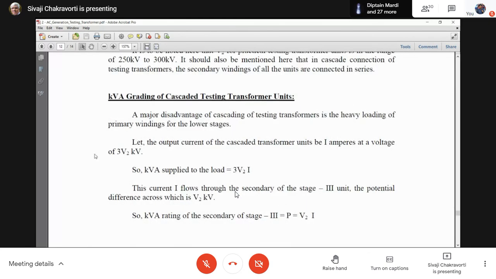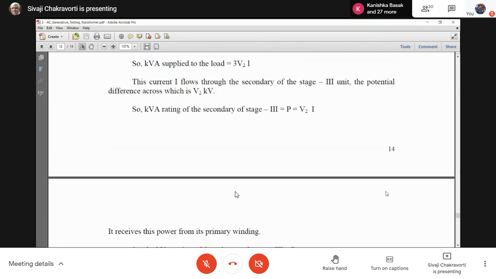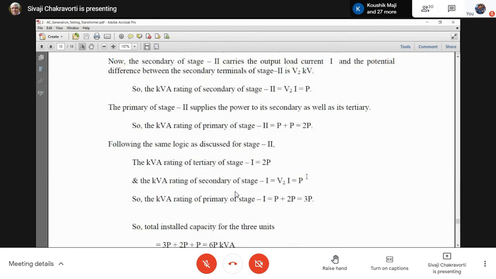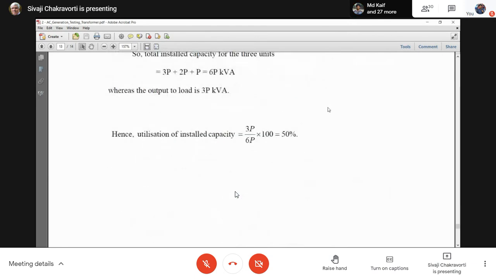So this is called the KVA grading, as you can see on your screen, KVA grading of the cascade testing transformer units, where this is exactly explained as I have told you, step by step. Installed capacity 6P, utilization 50%, that means using 3 different transformers.